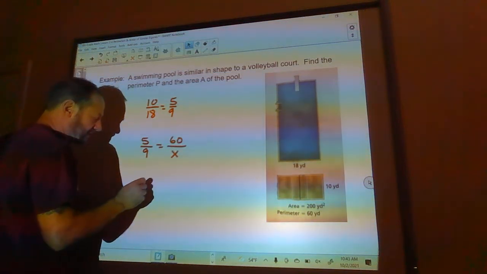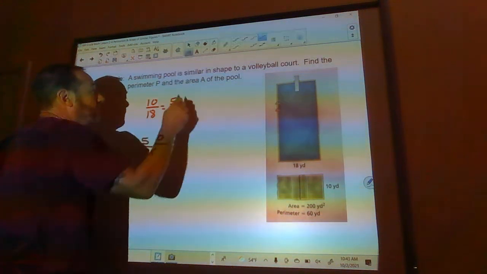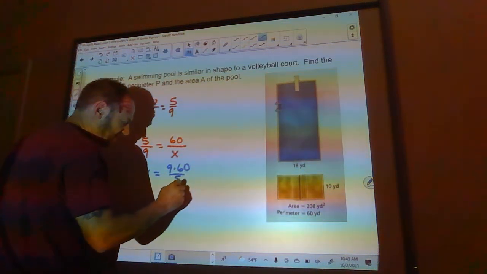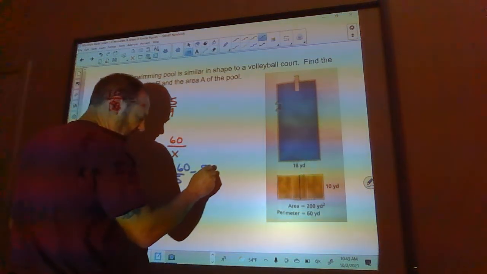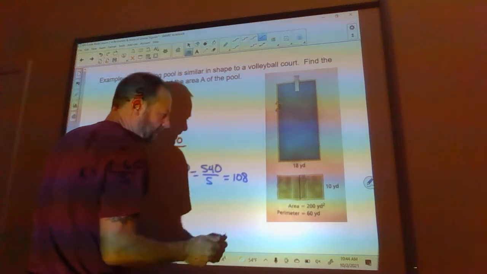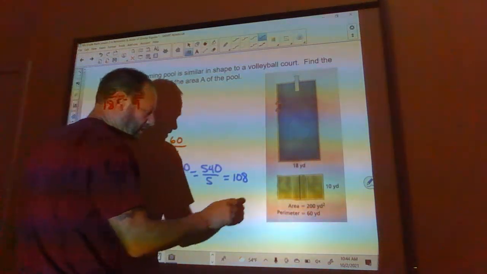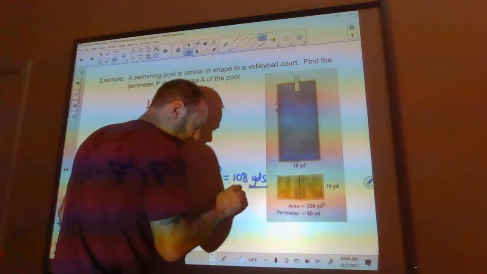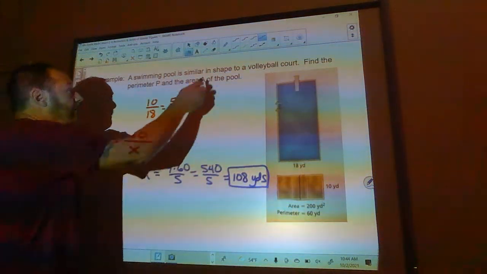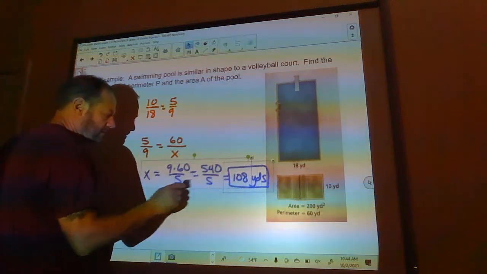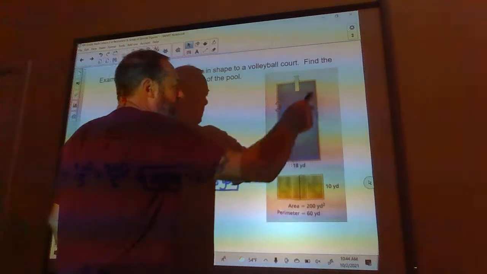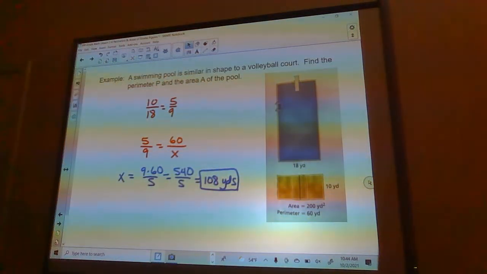This would be 9 times 60 divided by 5. That'd be 540 divided by 5, which would be 108. So this is going to be 108 yards for the perimeter. You don't want to cancel that on this problem before you do that. So there's the perimeter of the pool, 108 yards.